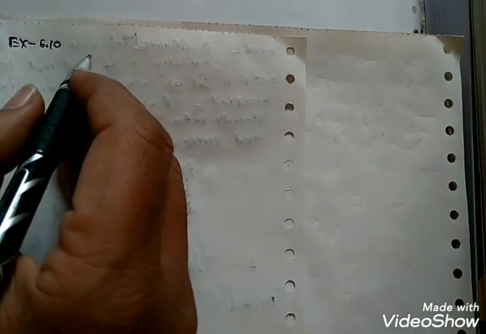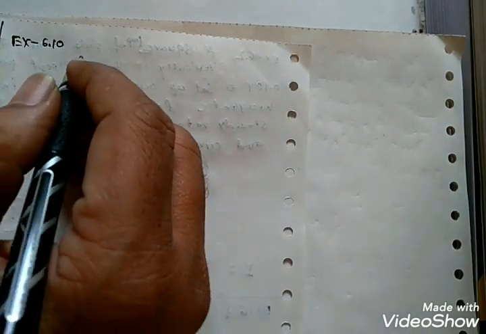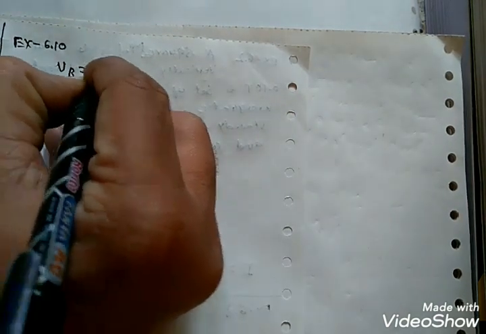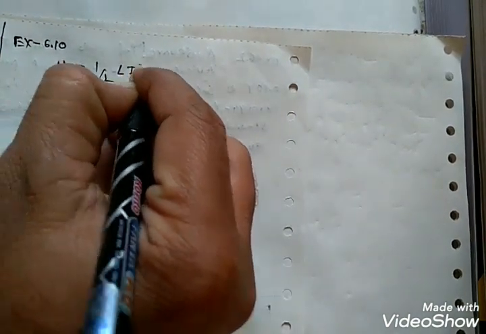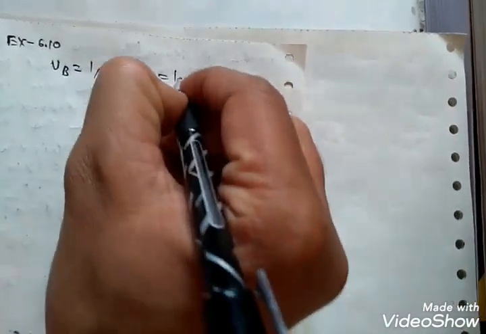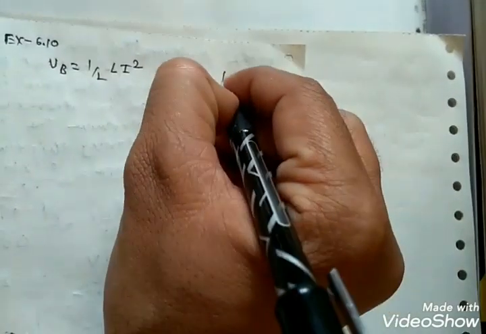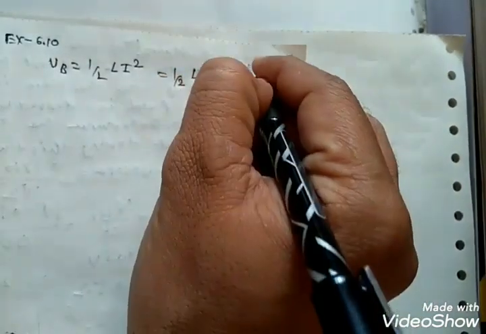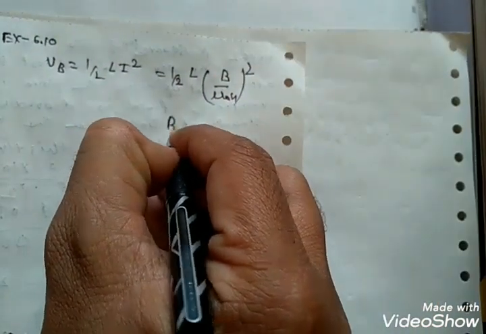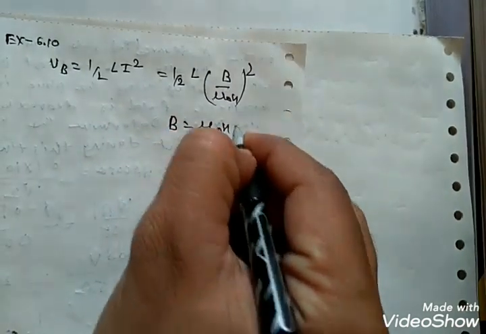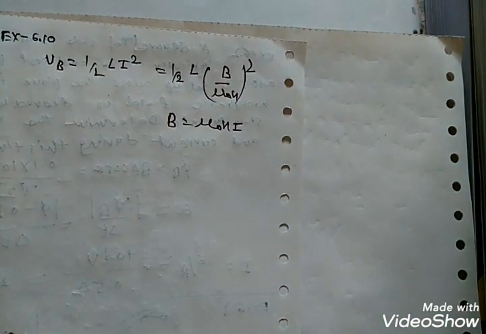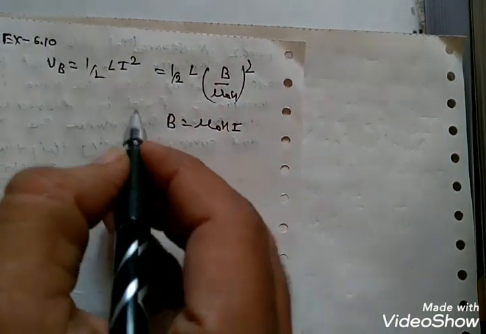Solution: the magnetic energy is given by UB equal to 1 by 2 L i square. This is equal to 1 by 2 L times B upon mu 0 N, whole square, because B is equal to mu 0 N i for a solenoid.